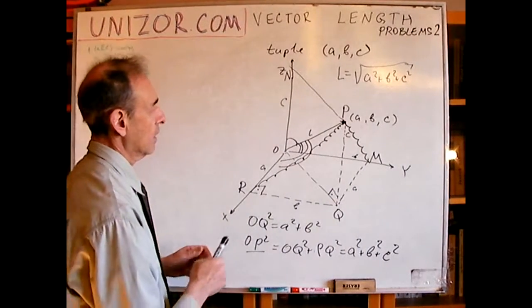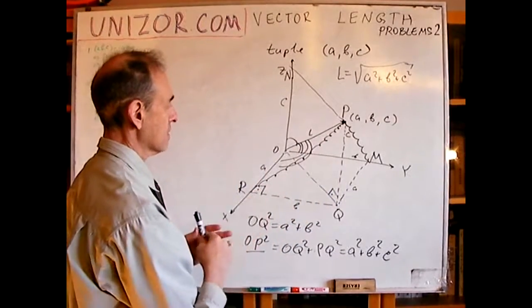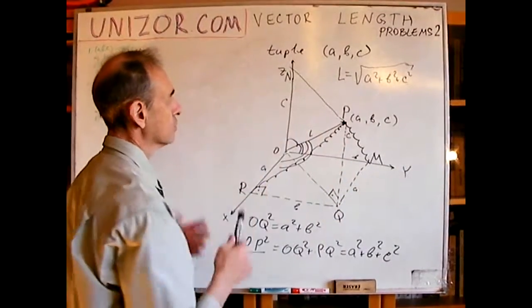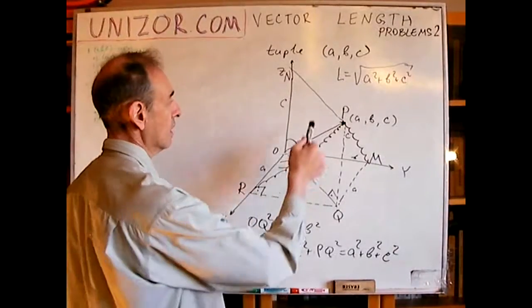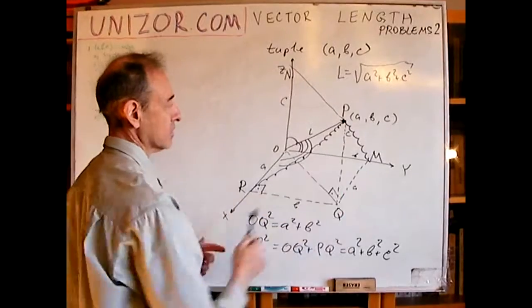Now, it's very easy to understand that these are perpendiculars to the corresponding axes. So these are basically projections from the point P onto the corresponding axis.